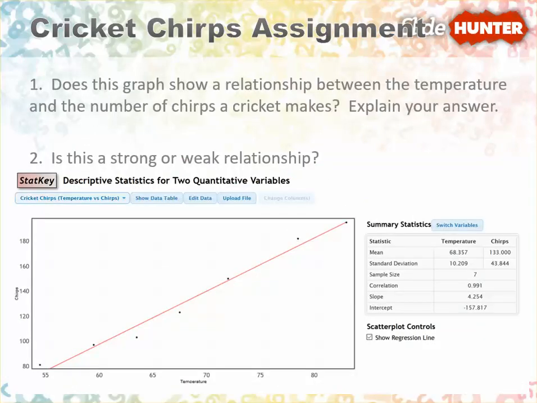So now let's go ahead and actually look at that data. So remember, our goal is to look for a pattern. So number 1 asks, is this a pattern?